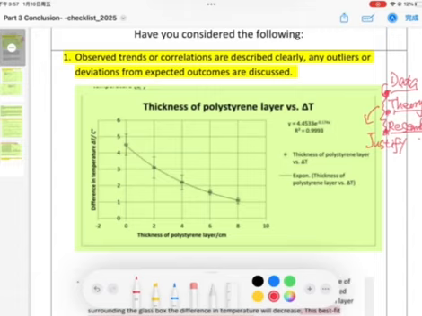After statistical analysis of your data, you should have some correlation, some outlier discussion, some kind of deviation, and you should be able to have a trend or patterns.